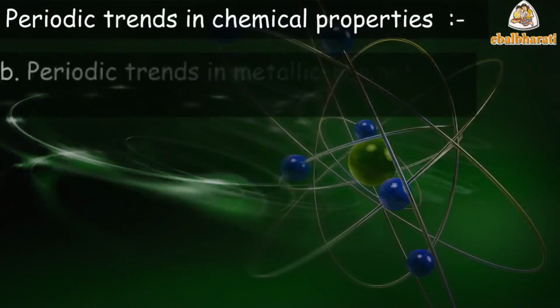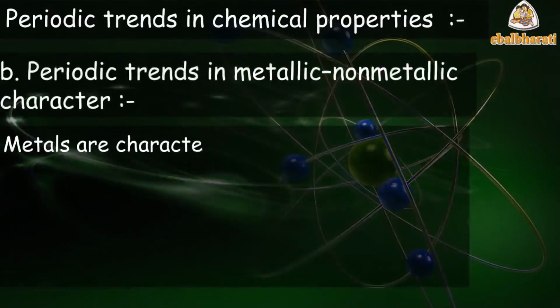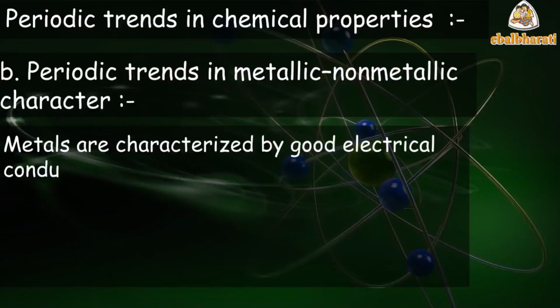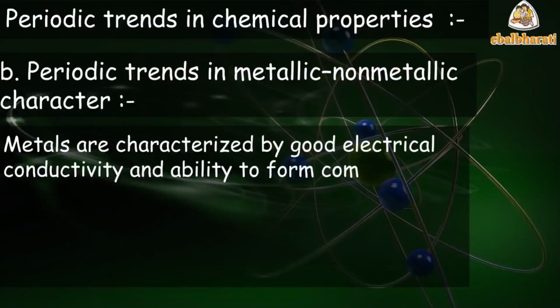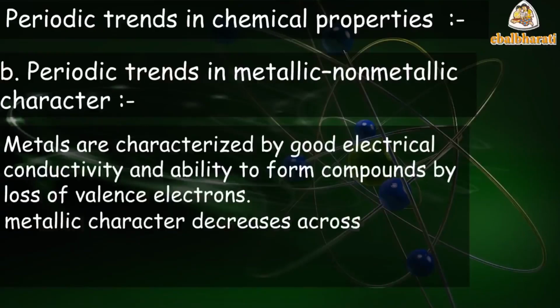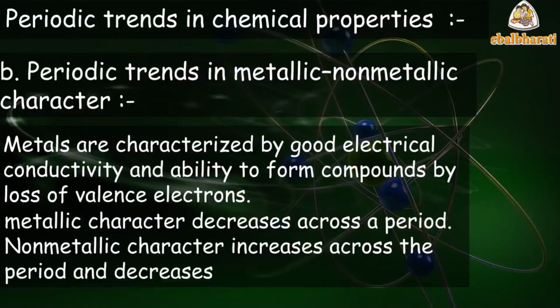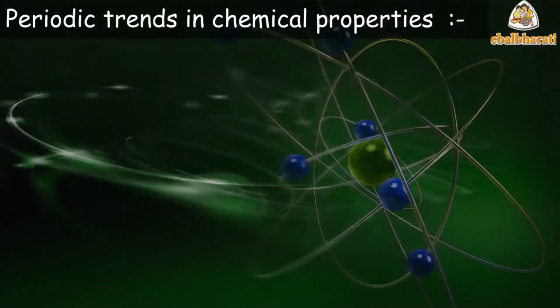Periodic trends in metallic and non-metallic character. Metals are characterized by good electrical conductivity and the ability to form compounds by loss of valence electrons. Metallic character decreases across a period. Non-metallic character increases across the period and decreases down the group.